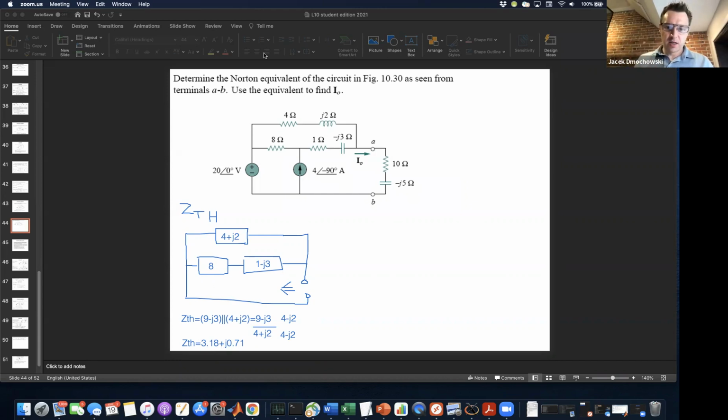All right, so now the more involved step of finding the Norton current. Here's where we have to put back those sources. So we're going to redraw this circuit, now with the current source, and we have our battery.